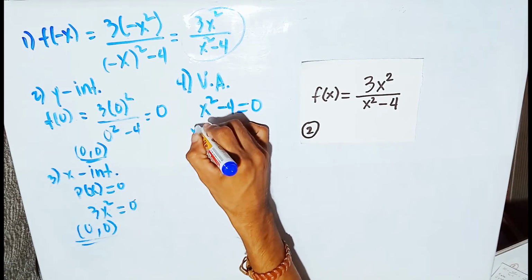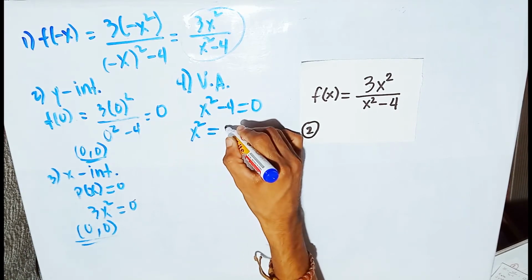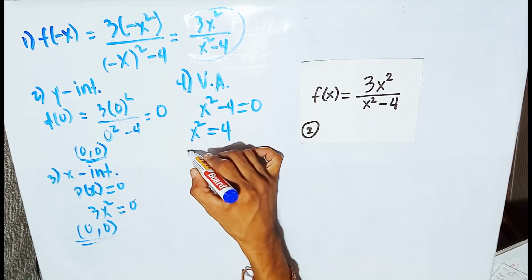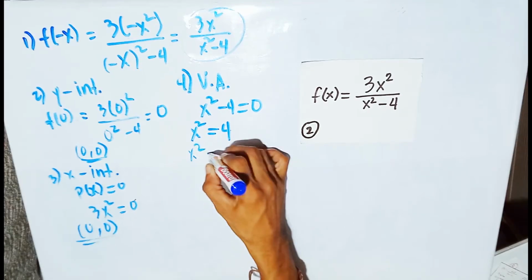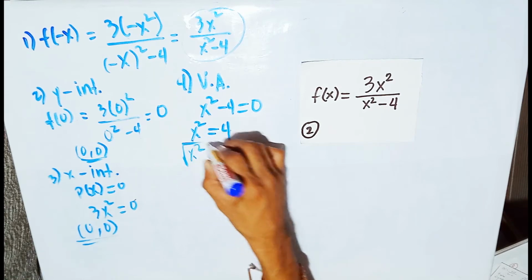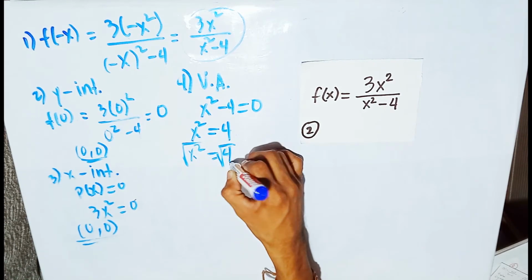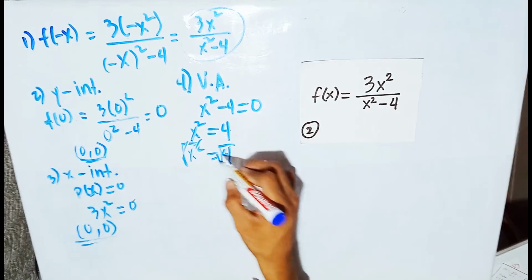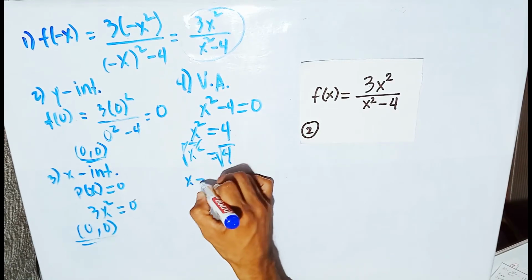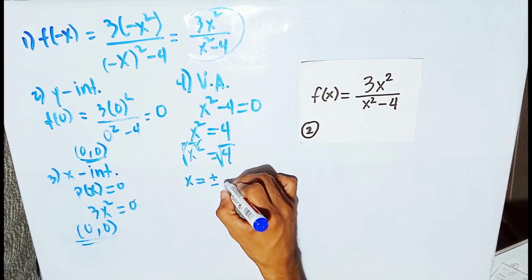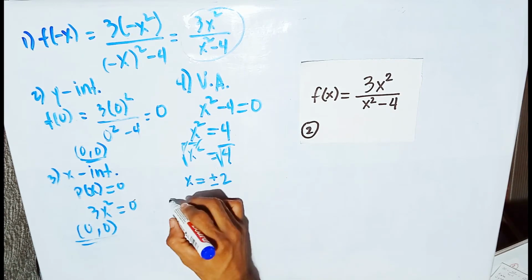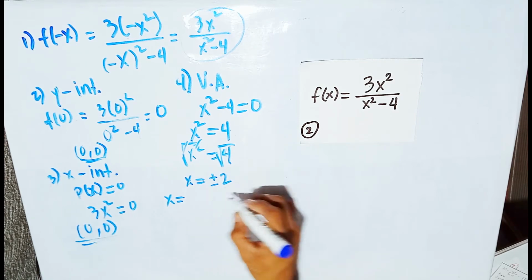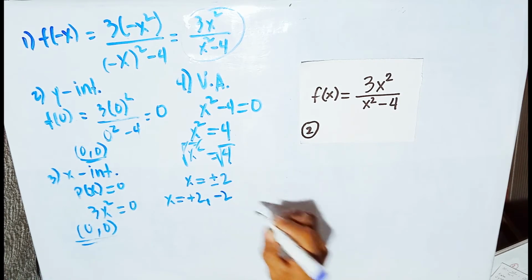So, transposition na tayo. So, x raised to 2 equals 4, square root natin para makuha natin yung value ng x. So, the square root of 4, x is equals to positive or negative 2. So therefore our vertical asymptote now is x is equals to positive 2 and negative 2.